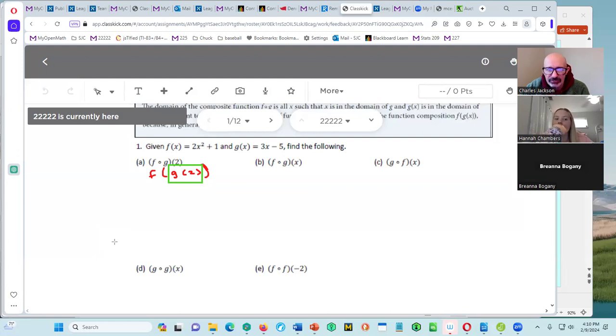Oh, okay, all right. So the g of 2, let's just figure out what that is, and then we'll run the result through f, because composition of functions in a picture looks something like this.